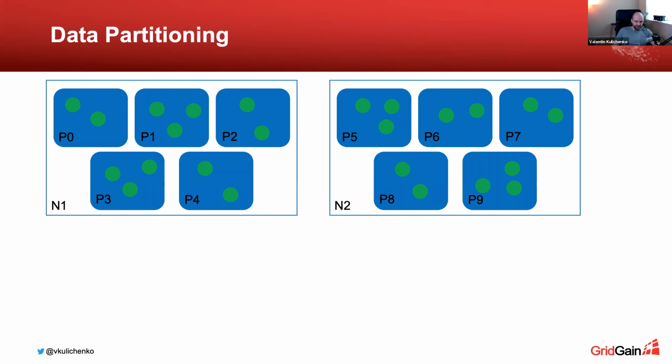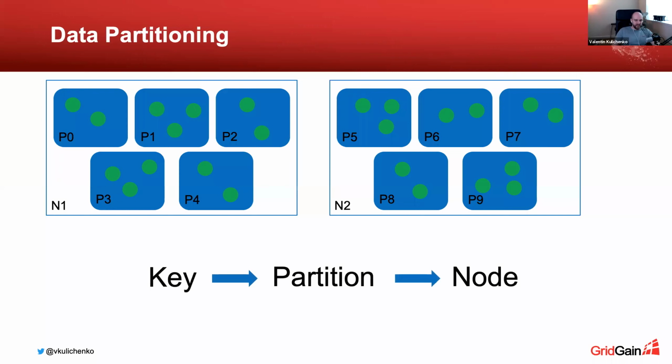It's still 10. It is never updated. It is never changed. So what it means is that now the mapping between the key and the node has to go through 2 steps. We first map the key to a partition, and then the partition is mapped to the node.